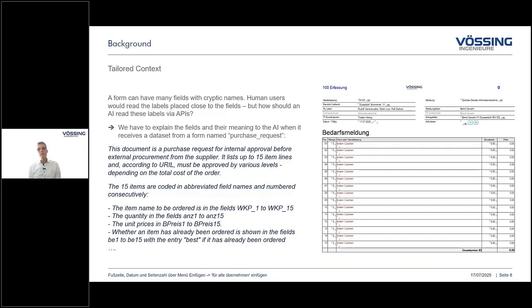So this is a Notes form, and it has a lot of fields. And you can imagine field names were a bit of a problem at some point in time, so we used short names for the fields, like WKP1 and WKP15.